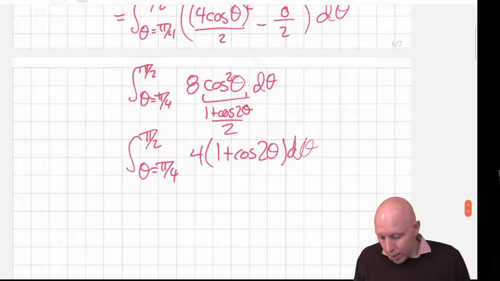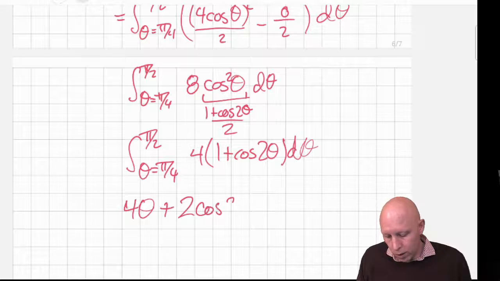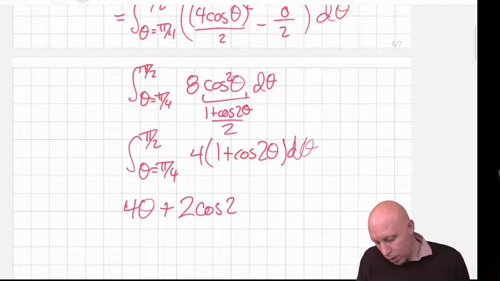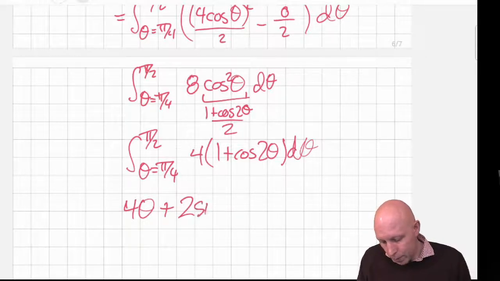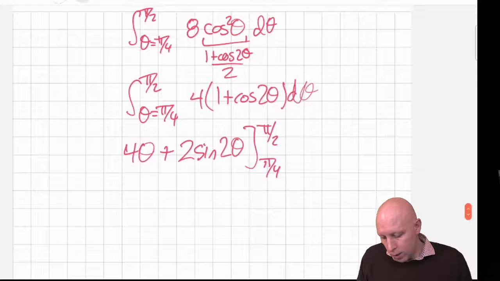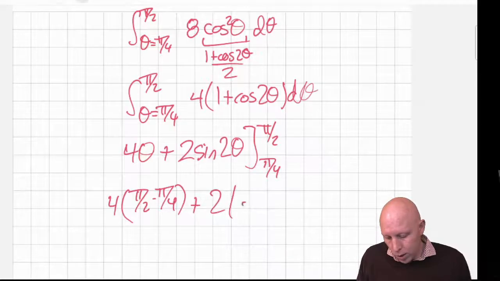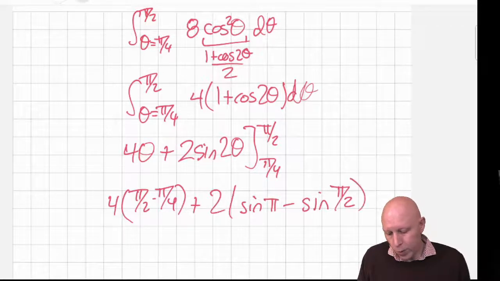So now we integrate: 4 theta plus 2 sine of 2 theta, evaluated from pi over 4 to pi over 2. And so in the end, what do we get? We get 4 times (pi over 2 minus pi over 4), plus 2 times (sine of pi minus sine of pi over 2).